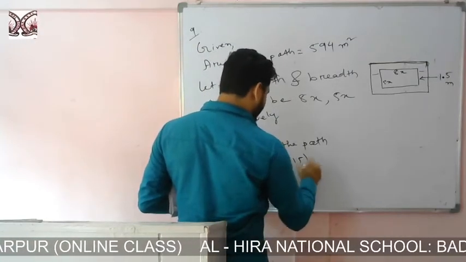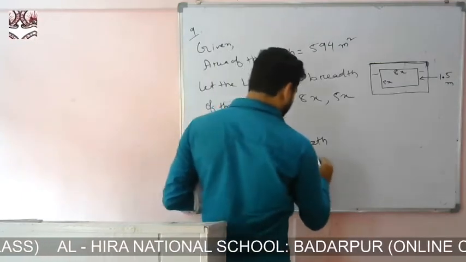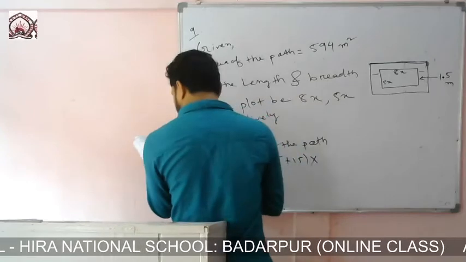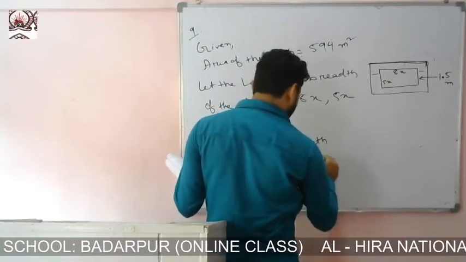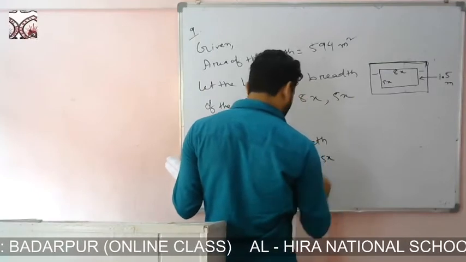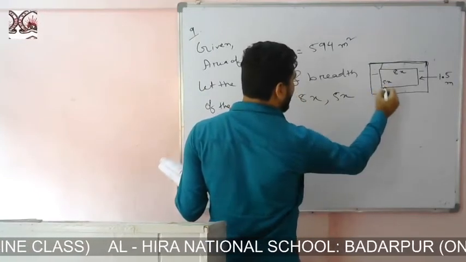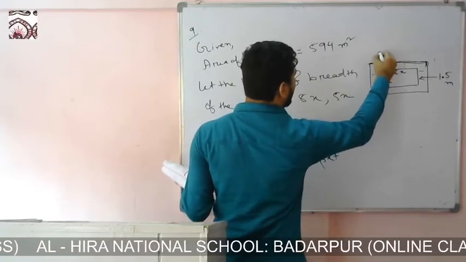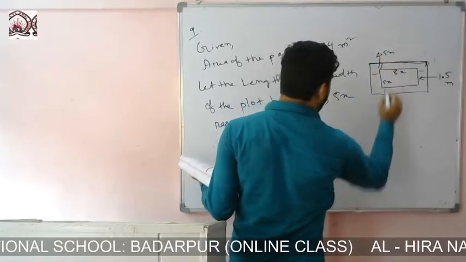That is length into breadth. You have to find it. Breadth is 5x. So first you write 5x. After that, we have to add this portion and this portion, and this portion and this portion, which are 1.5 meter wide.